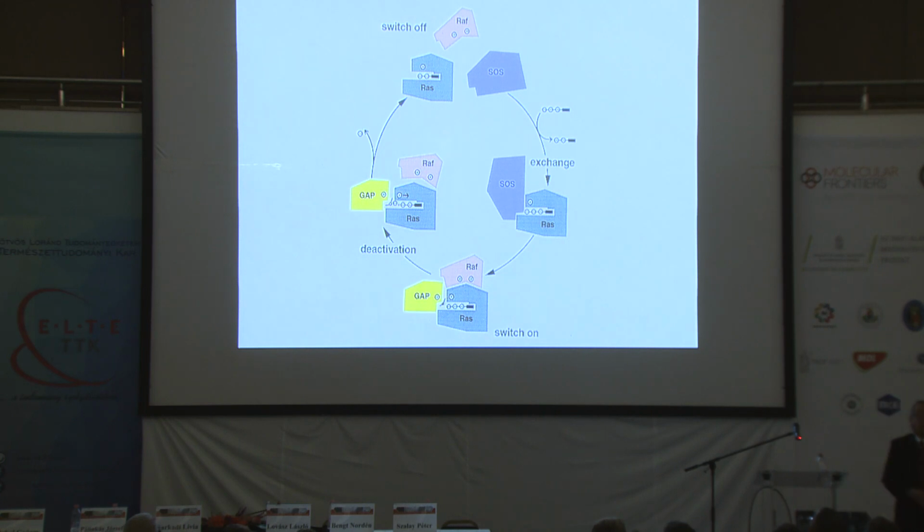Now, with this approach and modifications that I don't have time to go into, we could ask how molecules in the cell are working. One example, I will give you very few examples, is this molecule Ras P21, which has GTP, and when it has GTP, the cell is not differentiating.